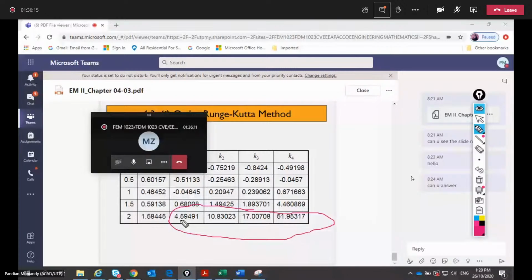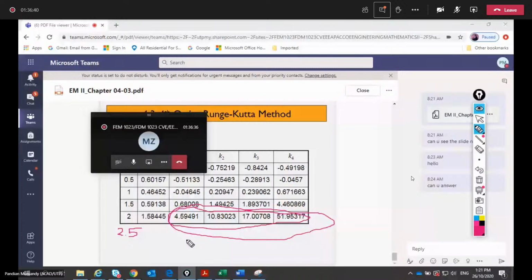Get ready for X 2.5. No need to write 2.5, just letting you know that if they want you to find the value at X 2.5, you must have this value. It's just like getting prepared before you are asked.